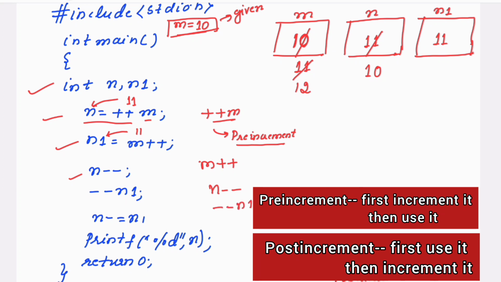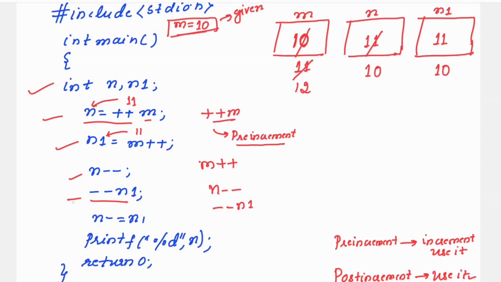This is a pre-decrement. The value has to get decremented by 1. n1 is 11, so decrement the value and it becomes 10. So now the value of n1 is 10. It is just decrementing. You are not going to use it here because you are not assigning this operation to any other variable.